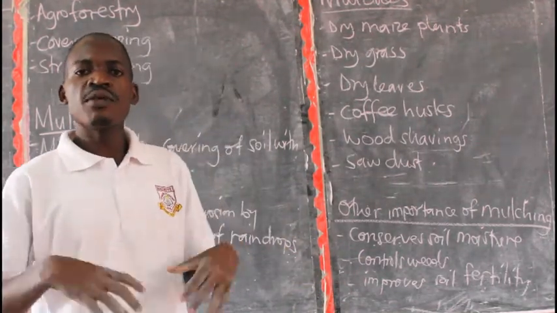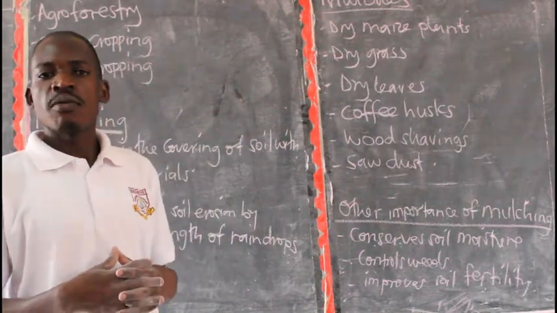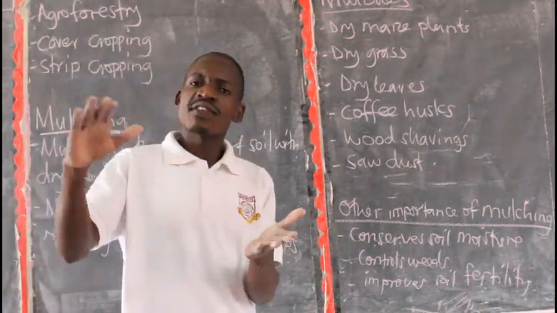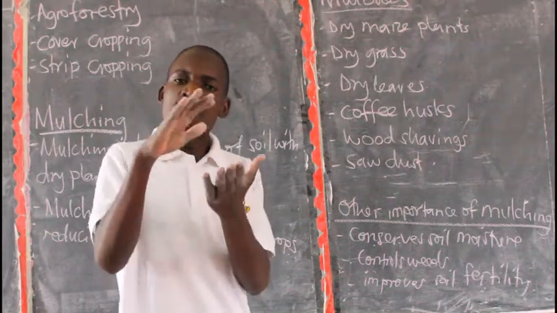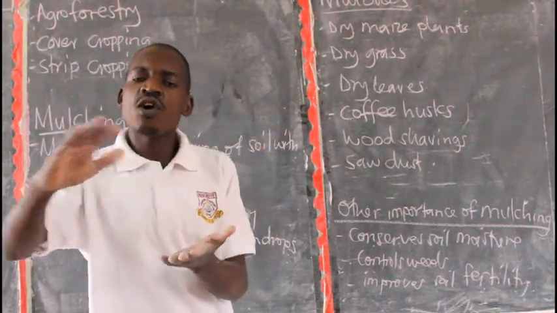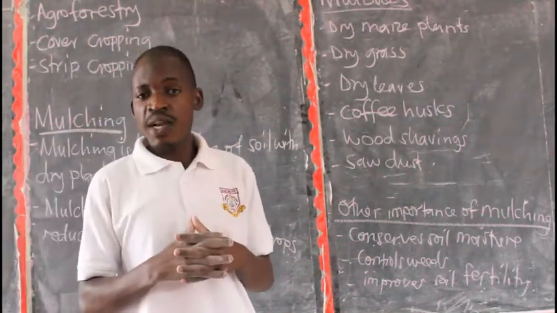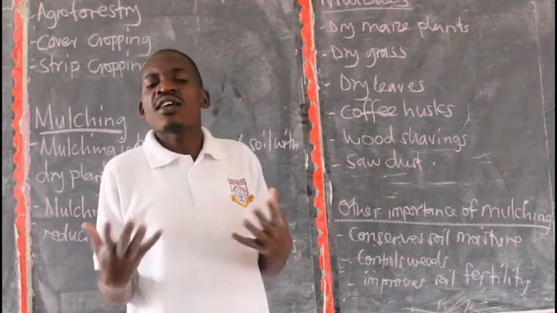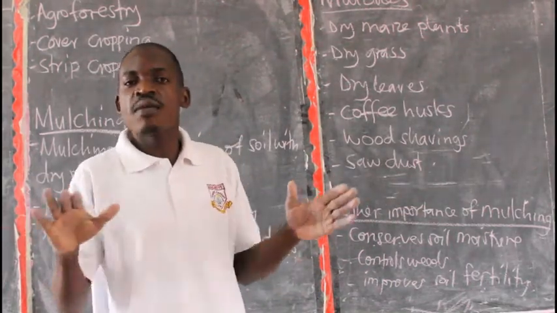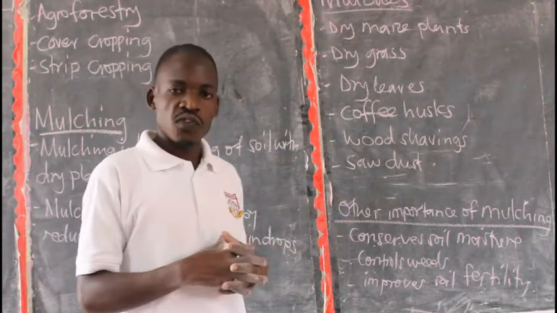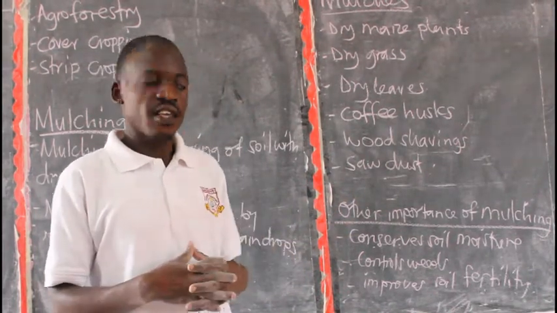There are weeds which can be easily controlled by mulching. When you are mulching, you are suppressing these weeds from growing, or cutting off the sunlight supply to them. Some of them may not access sunlight since they are covered by the mulches. So they end up dying.